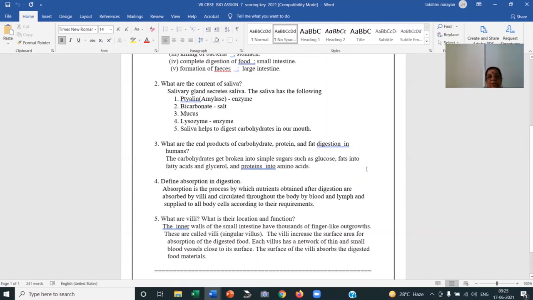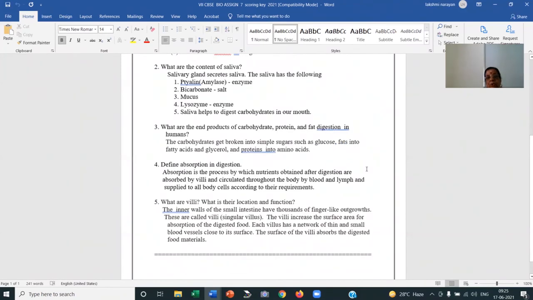Then what are villi? What is their location and function? The inner walls of the small intestine have thousands of finger-like outgrowths. These are called villi. The villi increase the surface area for absorption of the digested food.